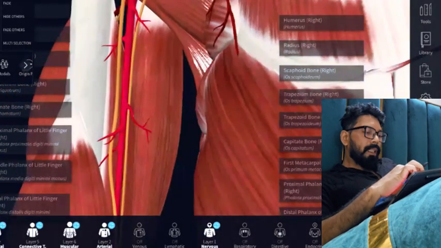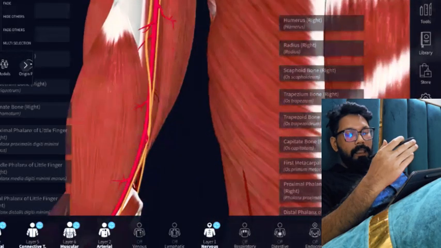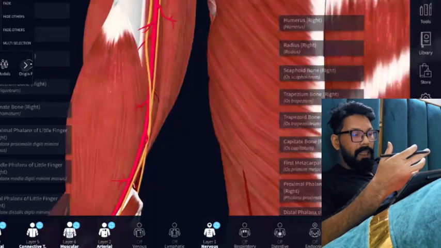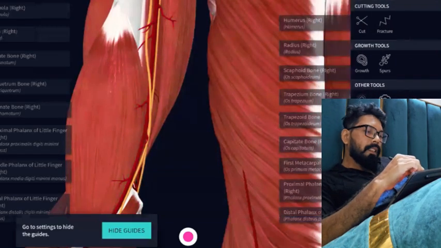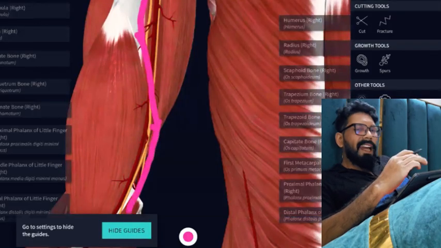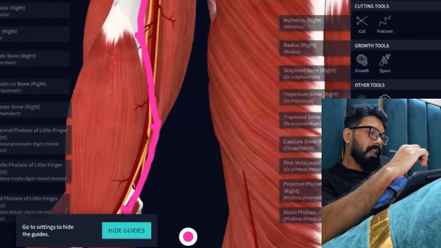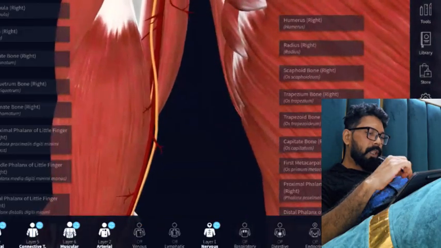Median nerve just loves to, like I would say, cuddle with the brachial artery. So what does it do? First, it's on the lateral side. Then it goes above your brachial artery. Then it goes to the medial side. So cozy and relaxed. Anyway, let's not go too deep into it.